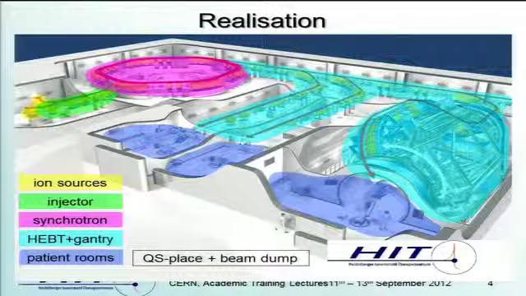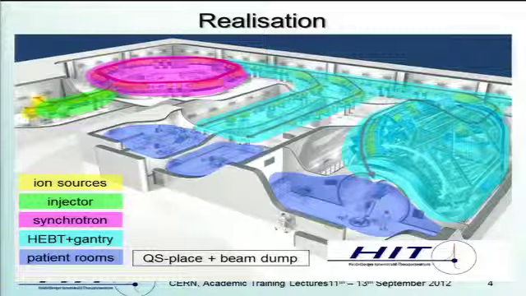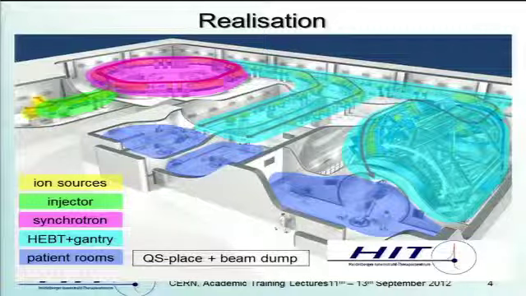What is not shown here is a place over here where we can do quality assurance, and before it we have a beam dump. This is, in my view, a very useful thing, because we can operate the whole machine with all the rooms open where preparations can be done, and we can operate the machine to the beam dump.